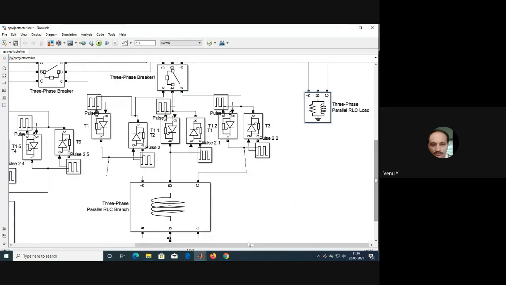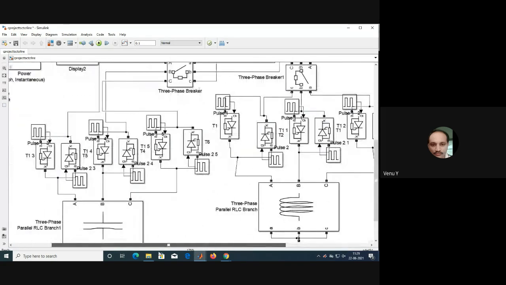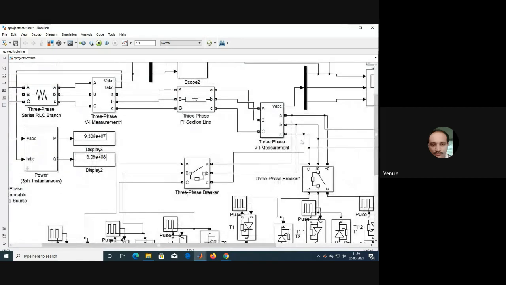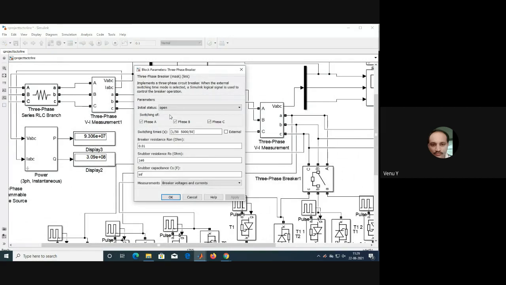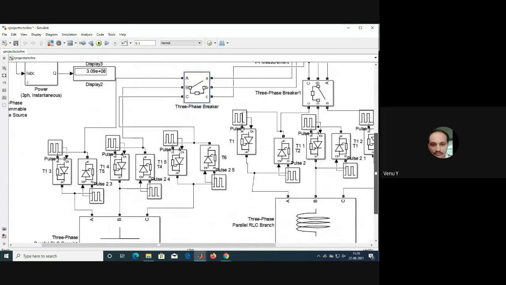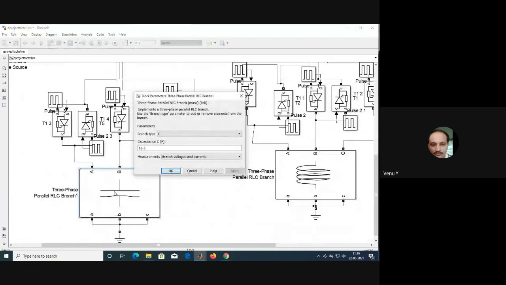Coming to TSC, three-phase TSC TCR type SVC. Here this is the TSC which is connected to the receiving end. This three-phase breaker is there, normally open, and it is closed at 1 and open at 5000. Therefore, it is closed. It is in the circuit. Three-phase TSC, 1 into e power minus 6. Branch voltage and currents here.